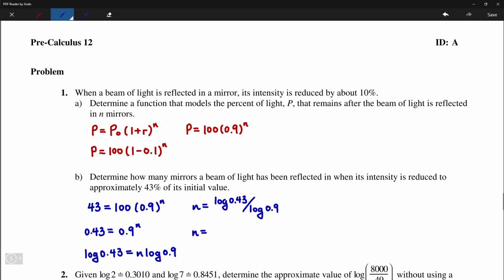And using a calculator to evaluate this, we'll get 8.010 and so forth. And so we can say that the answer is about 8 mirrors.